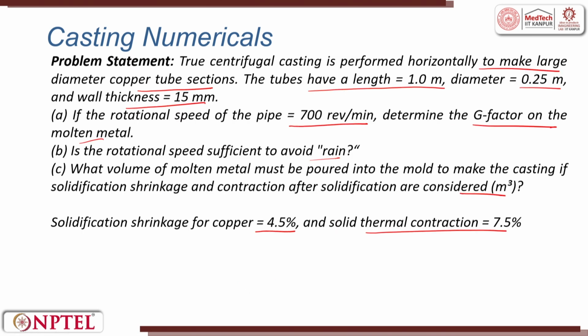Point B: is the rotation speed sufficient to avoid rain? Let me answer it here itself. How do we say it is sufficient or not? There is a range in which it should lie. The optimal range is between 60 to 120. If it is between 60 to 120, we can say it is in the optimal range. So here what is the value?